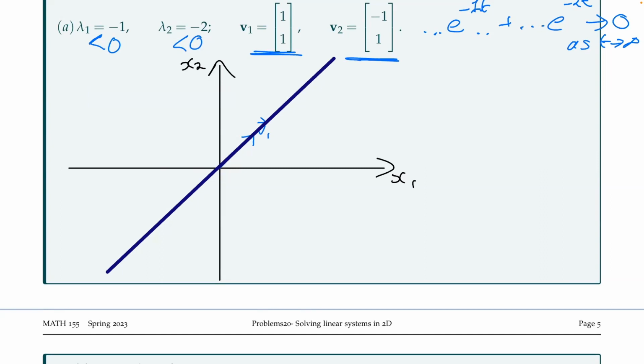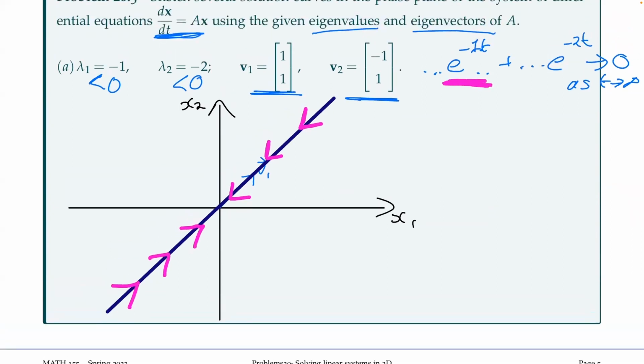And because this lambda 1 is negative, if we start on any point on this eigendirection, any point on this line, we're going to be moving eventually towards the origin. So my arrows on this eigendirection point towards the origin. That's because for this part here, it's e to the minus lambda 1 t, so e to the minus t is going to decay to 0.